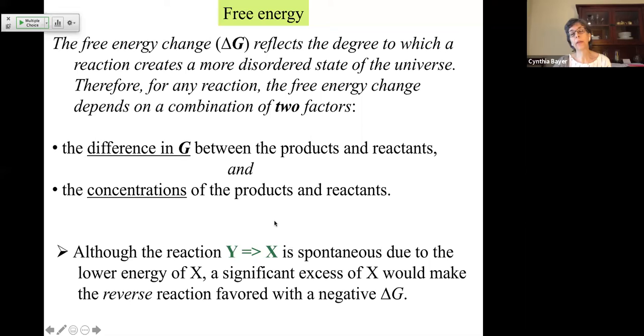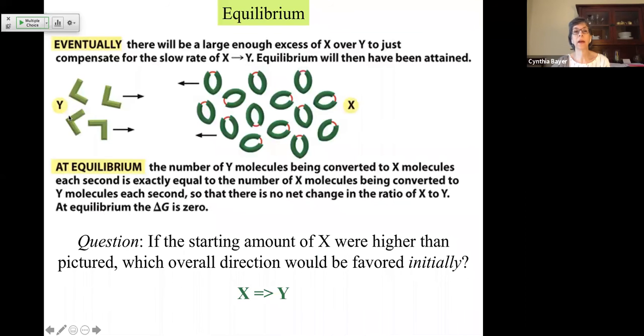If we think in the context of Y being glycogen and X being glucose, if our cell has a huge amount of glucose, if glucose keeps being transported into the cell, our cells will favor the biochemical pathway of converting glucose molecules into the polymer glycogen, right?